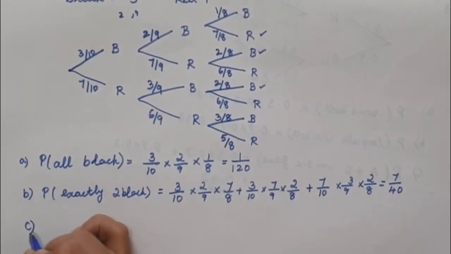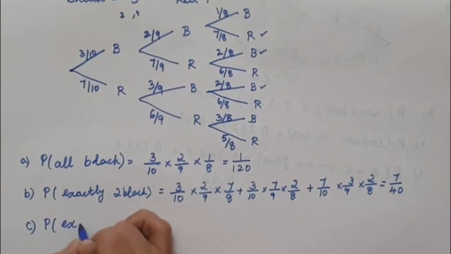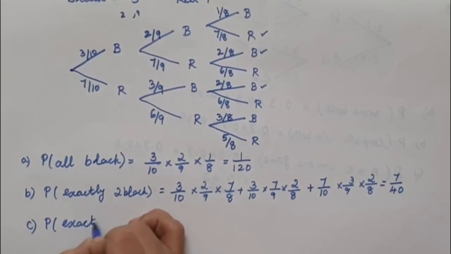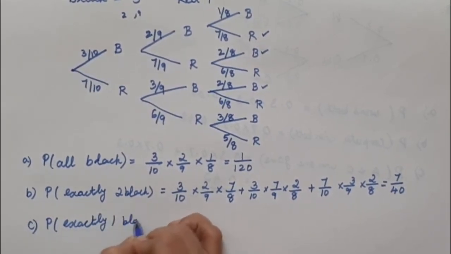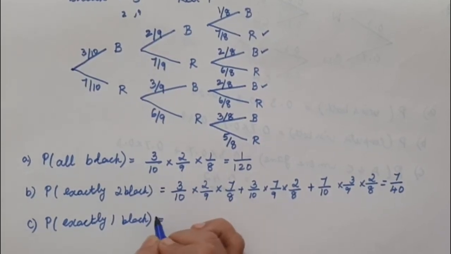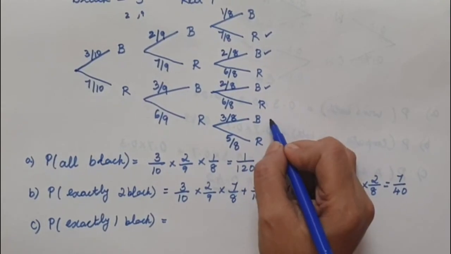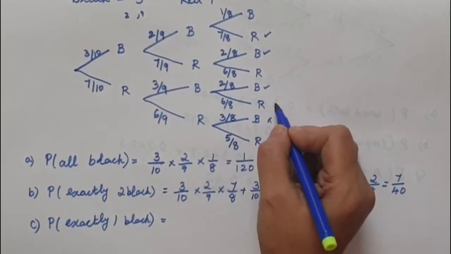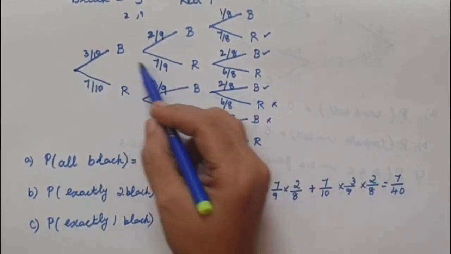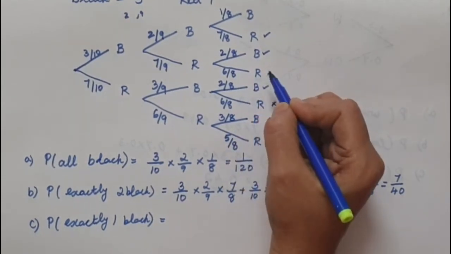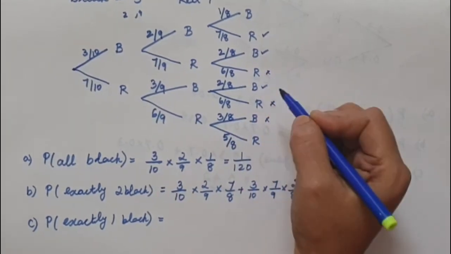Now see, probability of exactly 1 black. So only 1 has to be a black. So this is 1 black. Here also 1 black. Here too 1 black. Only 3. These crosses are all 1 black.